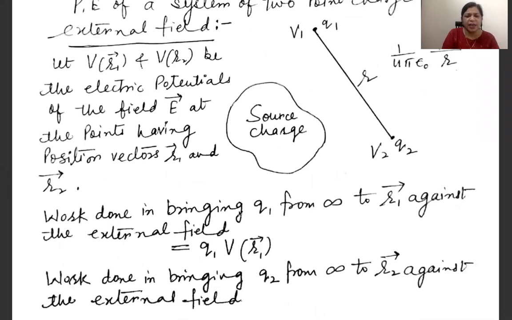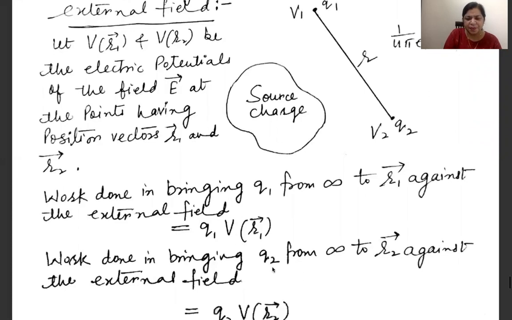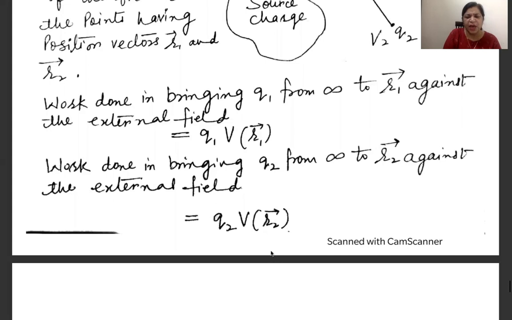So work done in bringing Q1 from infinity to R1 against the external field is equal to Q1 V(R1). V(R1) means the potential at R1. Work done in bringing Q2 from infinity to R2 against the external field will be given by Q2 into V(R2).